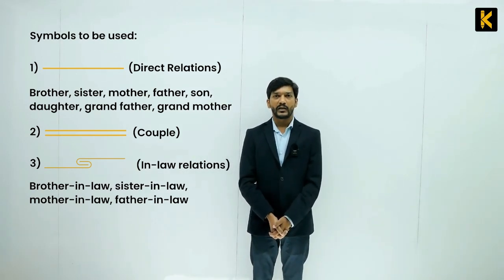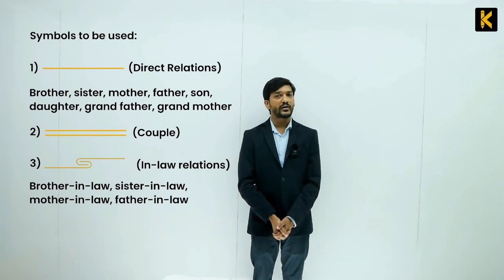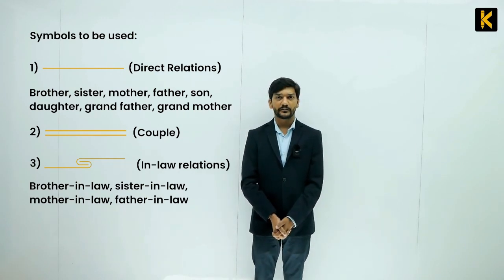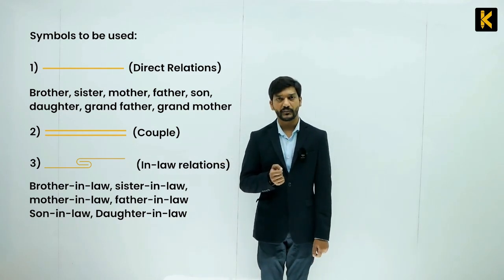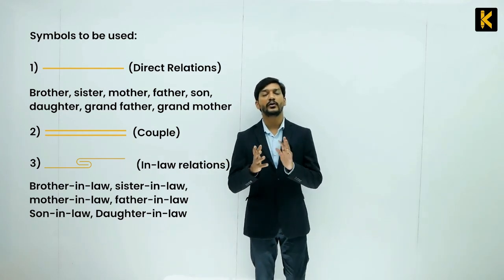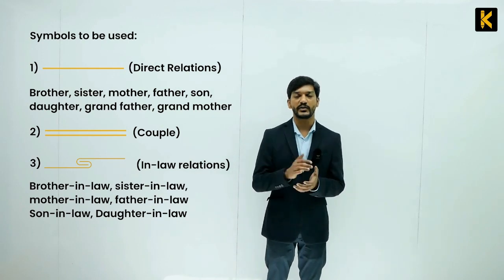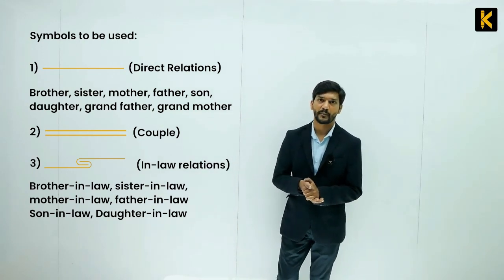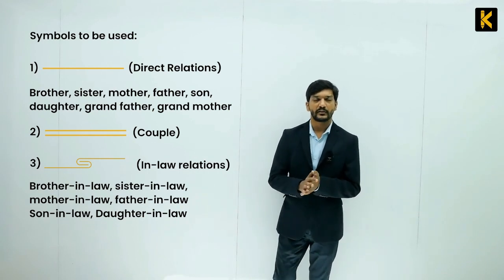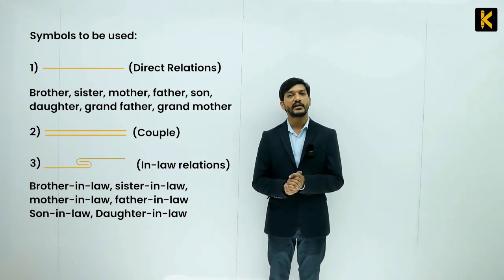Now, you might be thinking, sir, son-in-law, daughter-in-law also can be there. Yes, son-in-law, daughter-in-law can also be there. Okay. So, all the in-law relation, that is what I want to say, will be represented by this symbol. Perfect. Now, what else is left?